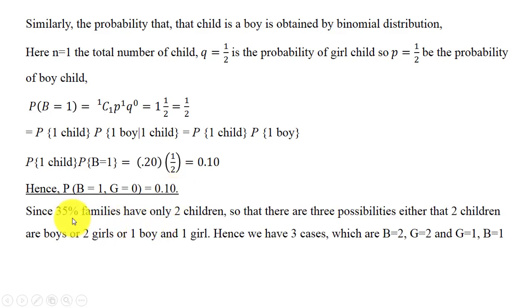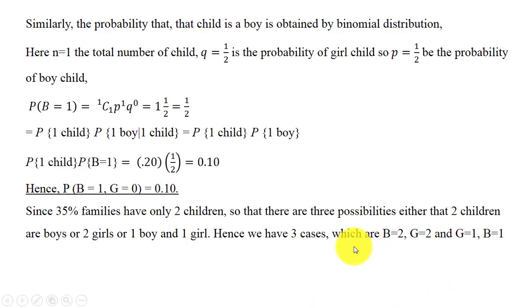Similarly, 30% of families have two children. Since there are two children, there are three possibilities: both children are boys, both children are girls, or one boy and one girl.